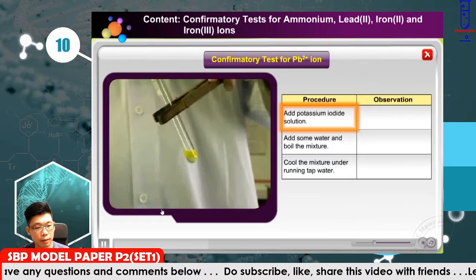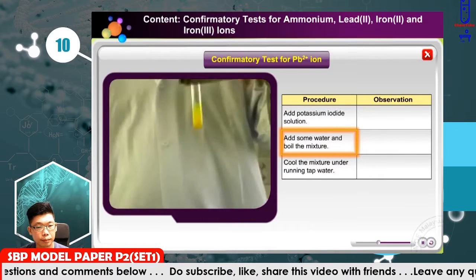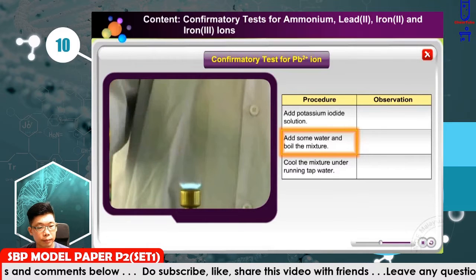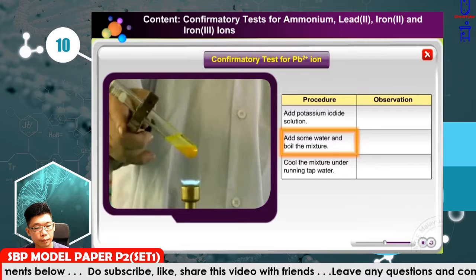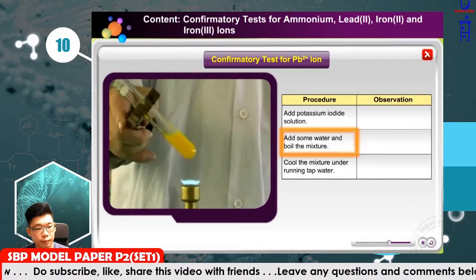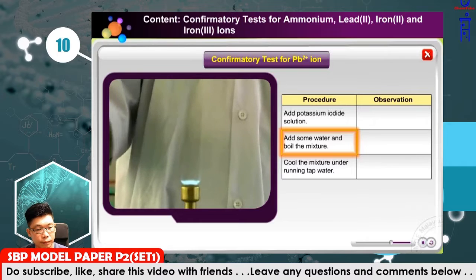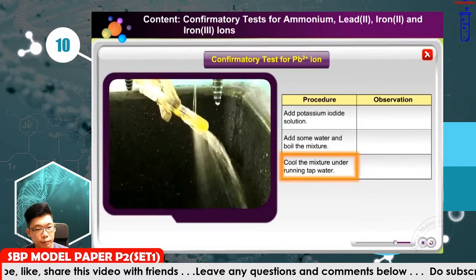It will form a yellow precipitate. Add about 3 cubic centimeters of distilled water. Boil the mixture. Cool the mixture using running water from the tap.